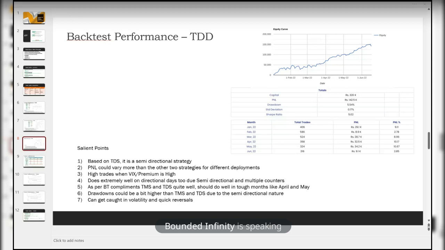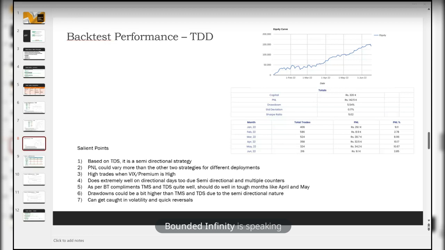If someone wants complementing strategies and doesn't mind slightly higher drawdown, because a semi-directional strategy might have 2 to 3% more drawdown than a paired strategy, then they can do TMS plus TDD. But if someone says they don't want drawdown of more than 2 to 3%, based on the live data we have, then they can do TMS plus TDIS.